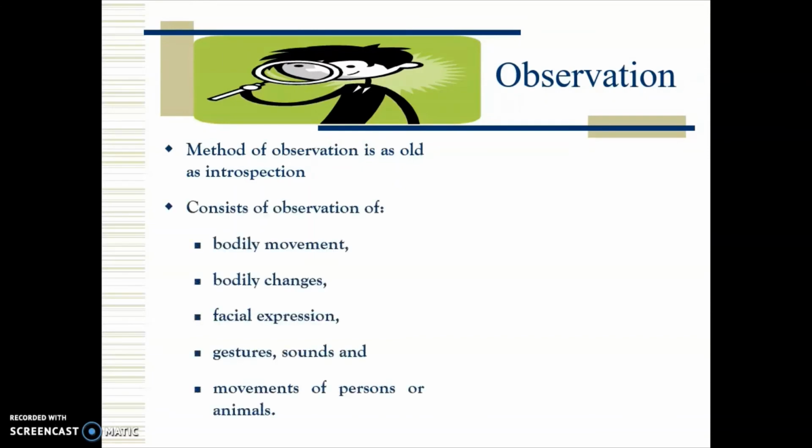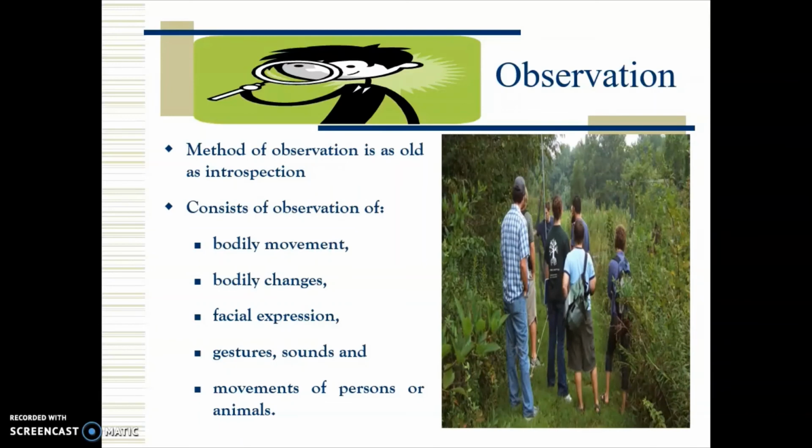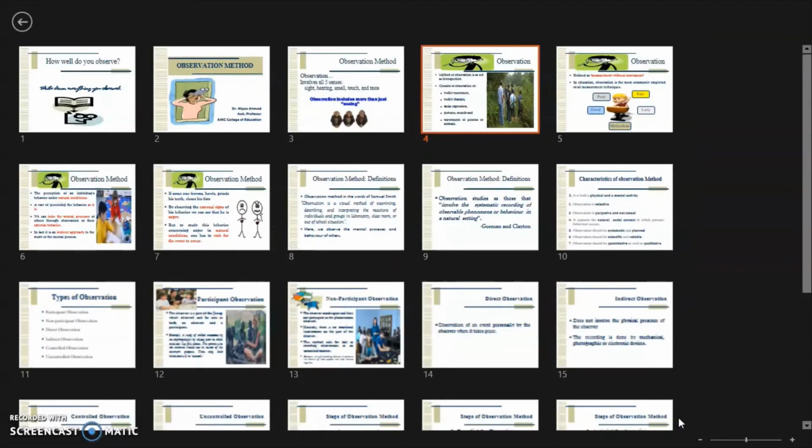So observation we have seen here. The method of observation is as old as introspection, and it consists of observation of bodily movements, bodily changes, facial expressions, gestures, sounds, movements of a person or animals. Now I have completed my recording.